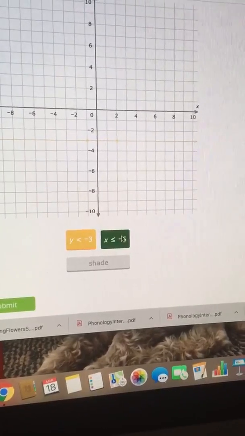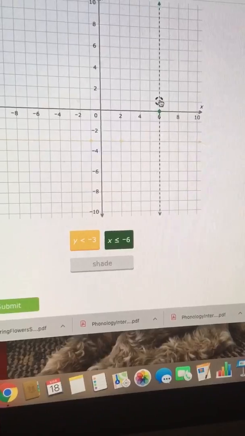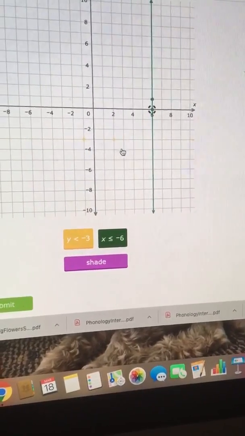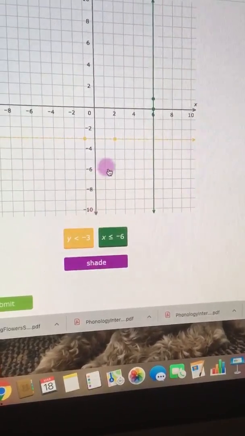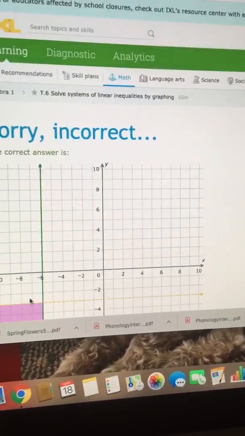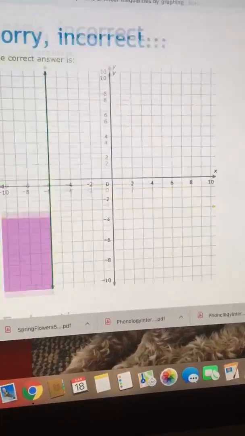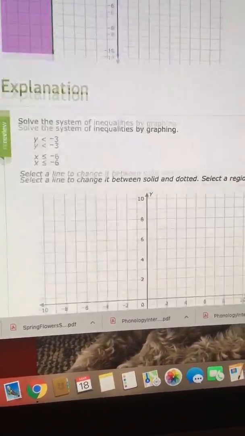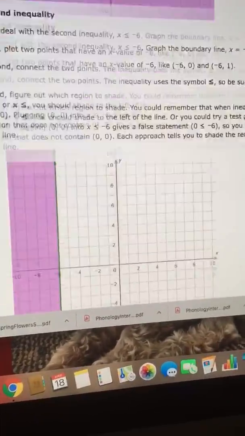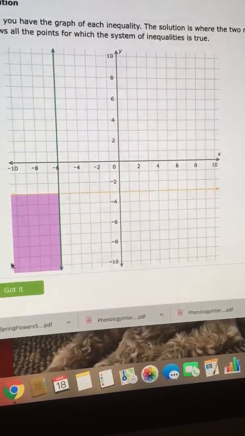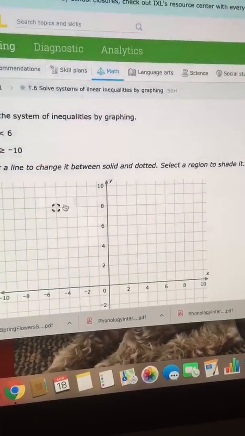And x is less than or equal to 6. So this one can be a solid line. So we want less than and less than. Shading would be down here. I don't know why it's saying that's wrong. Oh, it was negative 6. Oopsie, I was trying to do it too fast so we could get to the next problem. But see, they show you all the steps if you did have it wrong.